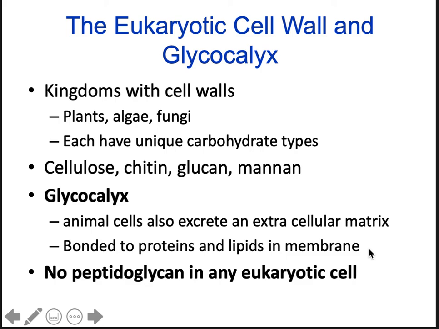And this can just help us to be able to communicate with other cells of a tissue, create special environments. You may have learned about the extracellular matrix if you have already taken physiology. You can read a little bit more about that in your book. Okay, so no peptidoglycan in any eukaryotic cell, right? Only bacteria cell walls.